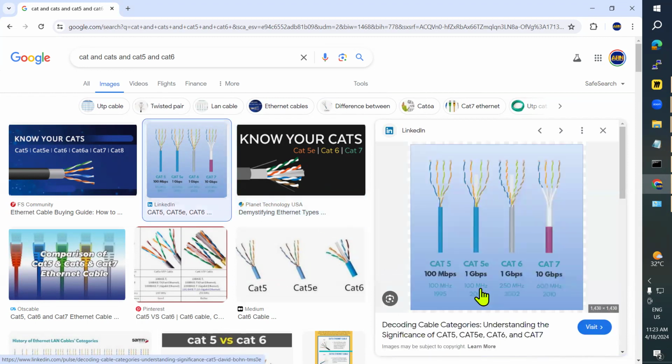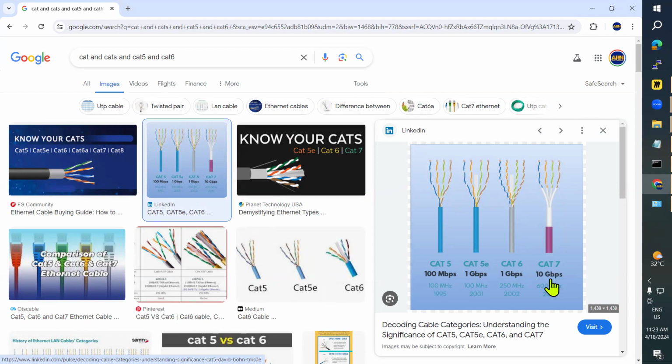For example, Cat 5 can transport at a speed limit of 100 Mbps, Cat 5e 1 Gbps, Cat 6 1 Gbps, and Cat 7 10 Gbps. So the data travel speed is more, like our vehicles, right?